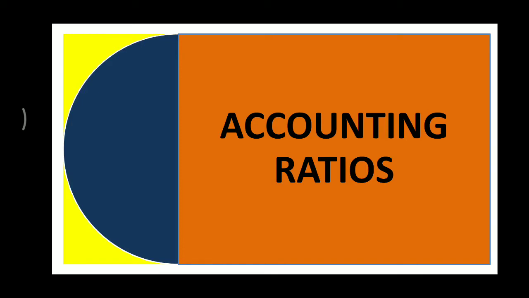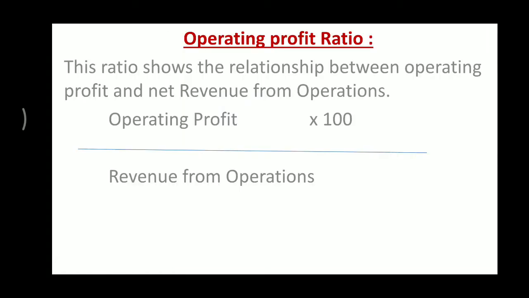Hello, all of you. In today's class, we are going to learn one more ratio, that is operating profit ratio. We have covered gross profit ratio, we have covered operating ratio, and now next is operating profit ratio.